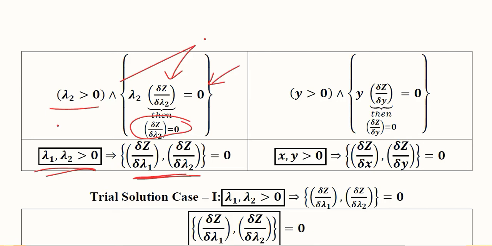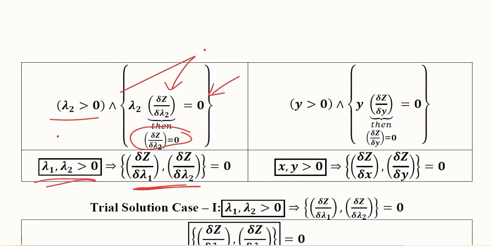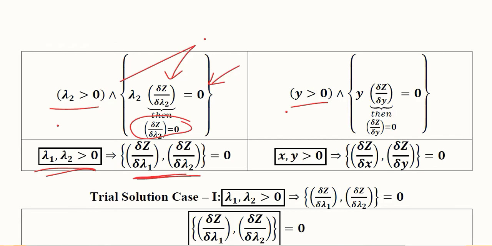Now we come to the variable based trial solutions, in which all those independent variables will be considered positive. So firstly we consider that x is positive. When x is positive, then in this product this term should be equal to 0 if this product is to be equal to 0, that is, to fulfill the requirement of complementary slackness. Now we have y, the positivity of the other independent variable.